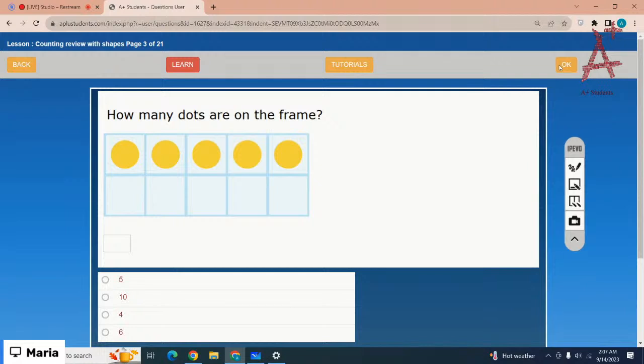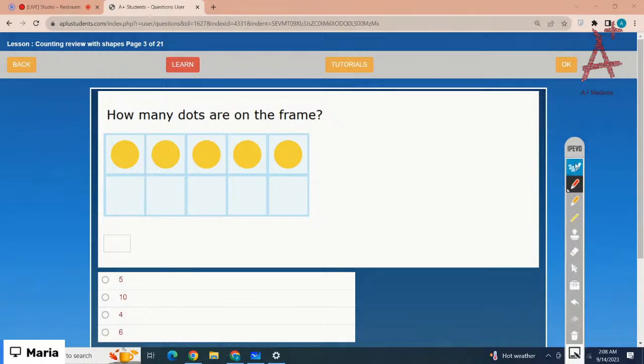Okay, how many dots are on the frame? So which is the correct option? You have to count the dots. So how many dots? Just count them and write the answer in the chat box if you already know the answers. Okay, let's just count them, right?